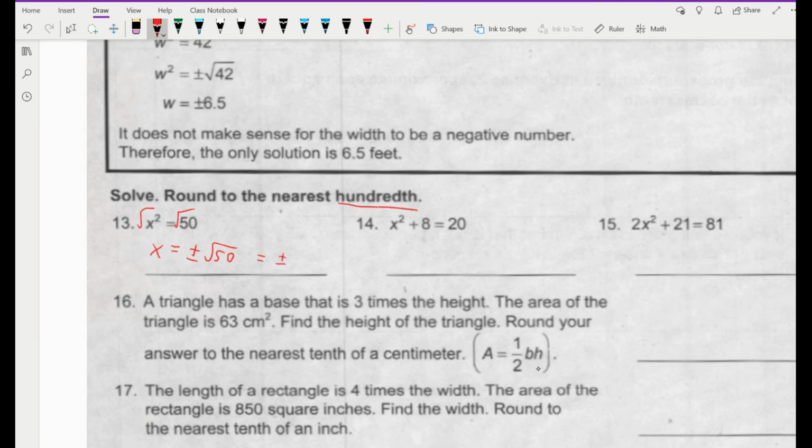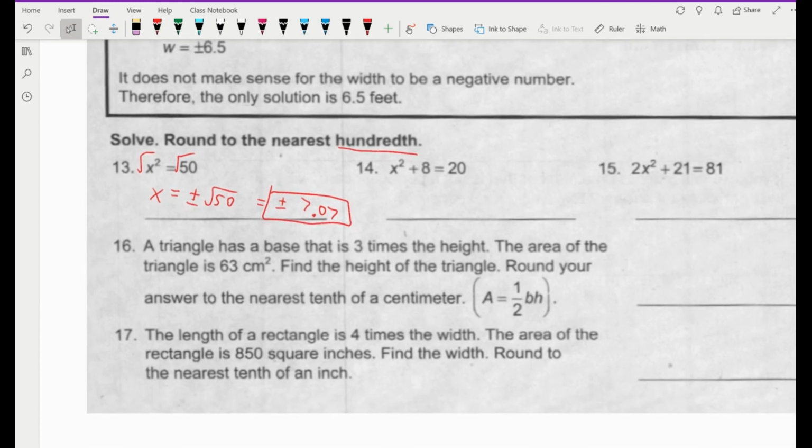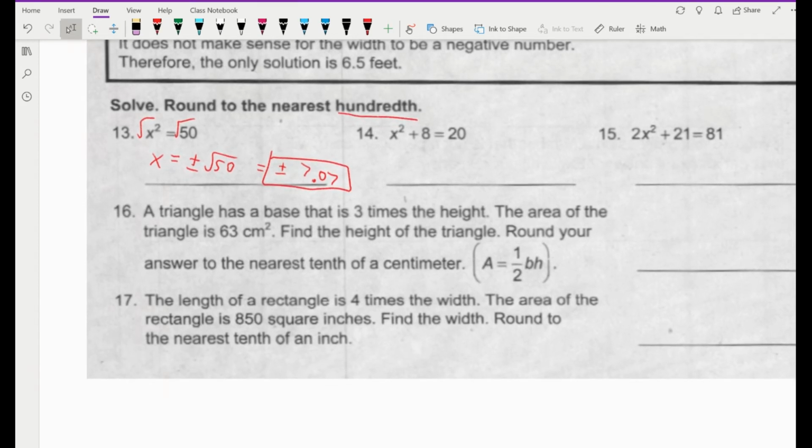It'll be plus or minus 7.07, because it's 2 decimals because it's the 100th place. That would be the answer. Just continue on with numbers 14 and 15 in the same manner.